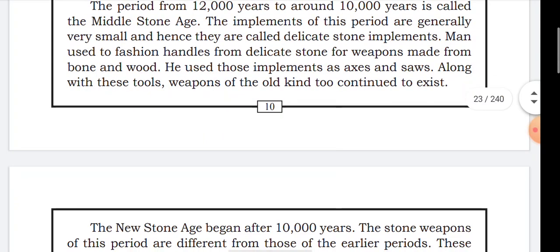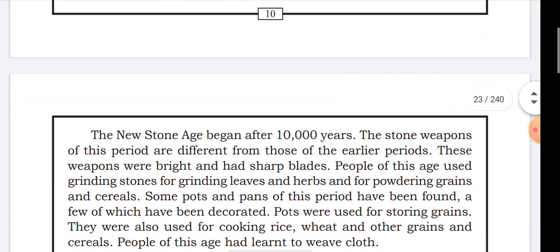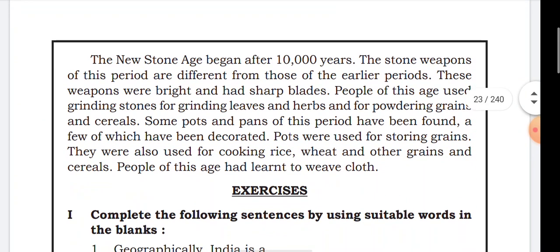Along with these tools, weapons of the old kind too continued to exist. Along with these delicate stone tools, the weapons used in the early Old Stone Age even continued to exist.